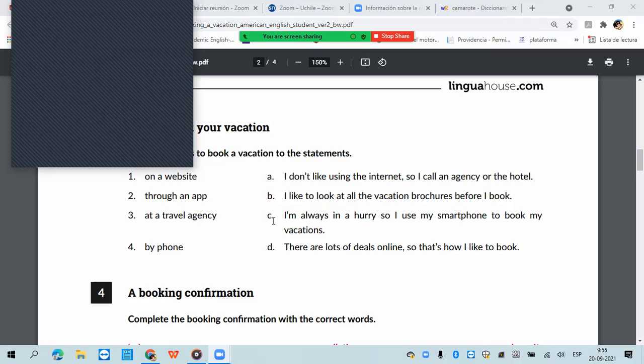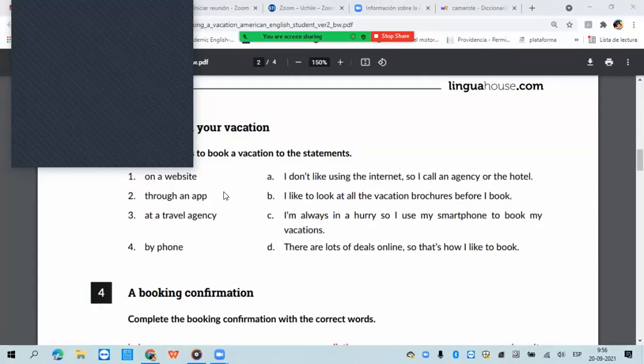Oscar Mercado. Sorry, the second one: through an app. Number one is letter D, there are lots of deals.